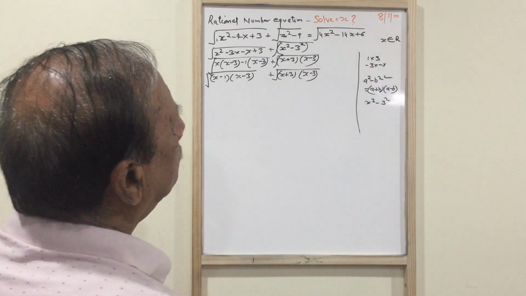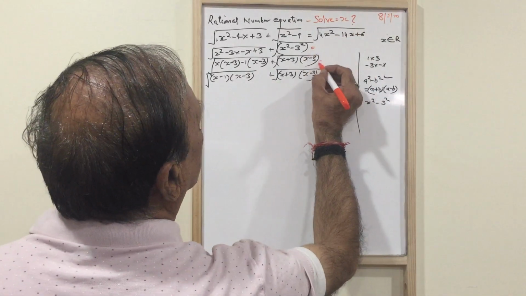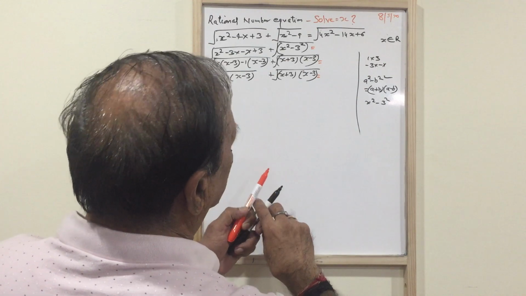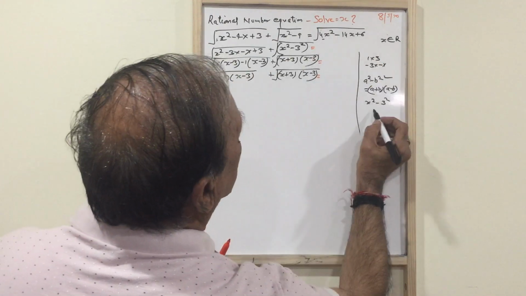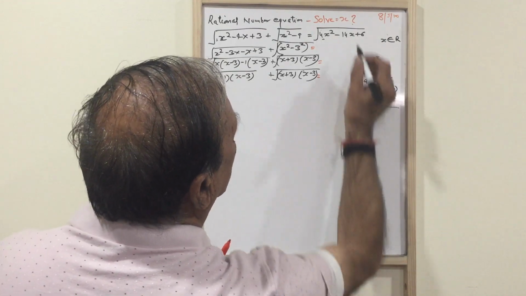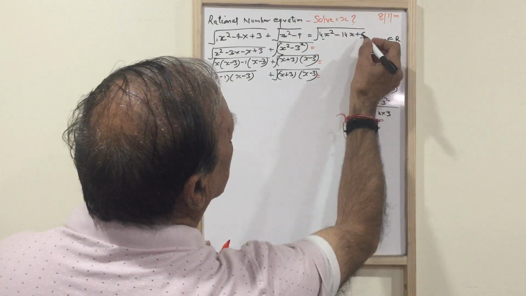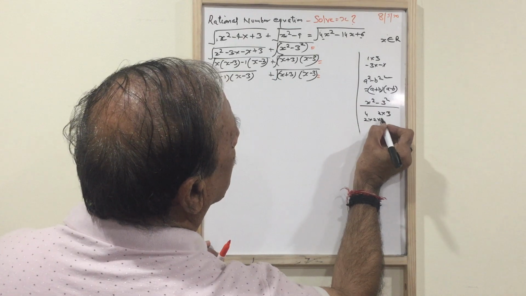Now the third equation, 4x square minus 14x plus 6. We'll factorize this also. We know the coefficient of x square is 4 and the constant number is 6. So we can write 6 as 2 into 3, and 4 also as 2 into 2.